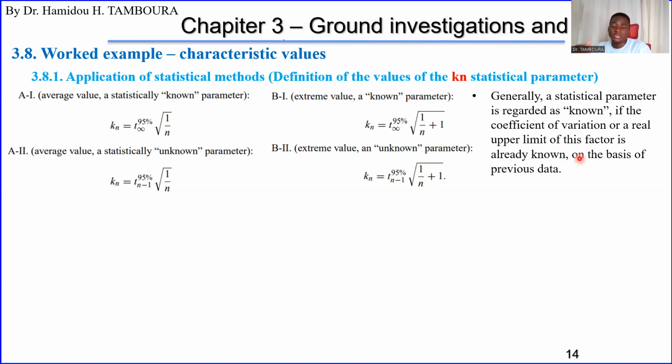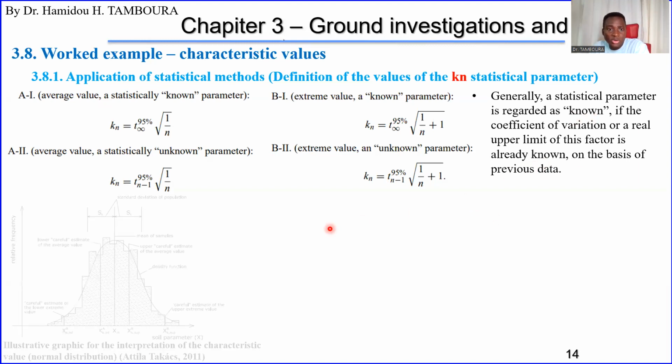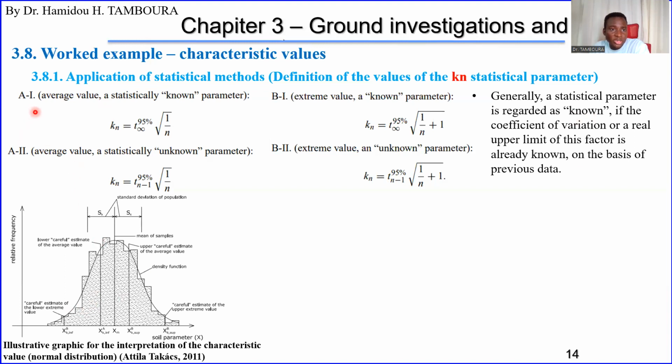So I think in our case here, it is not known. So about the average and extreme, this is this one. The average value is for this one. Do you remember for the slip surface, we said we should take the average value. So in that case, you should use these two formulas for the average value. And this upper one is where you have the known parameter, and here is the unknown parameter. And the definition of a known parameter is here.